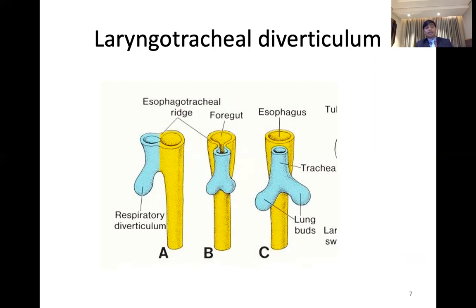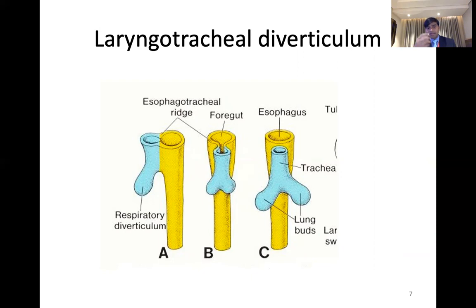Now, the primitive foregut, distal to the pharynx and proximal to the stomach, as we have seen in the previous diagram, remains tubular and elongates to form the esophagus. Initially, this esophagus will be short, but it elongates because of a few factors.